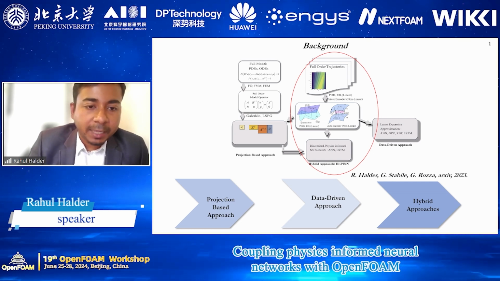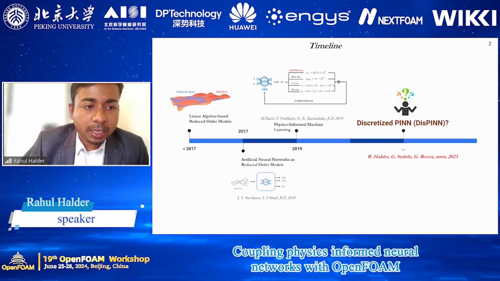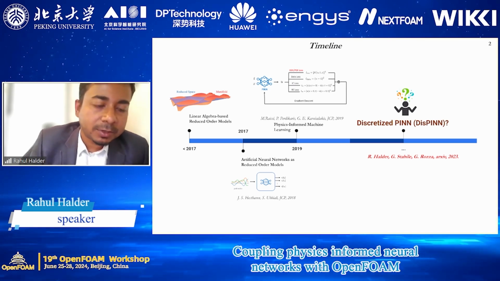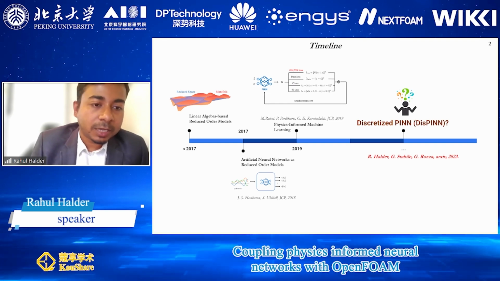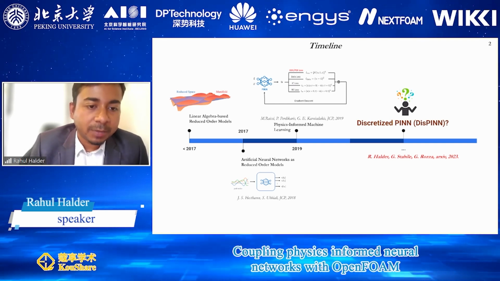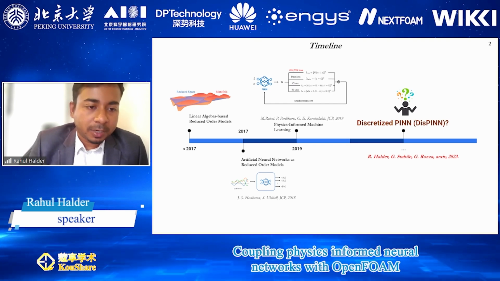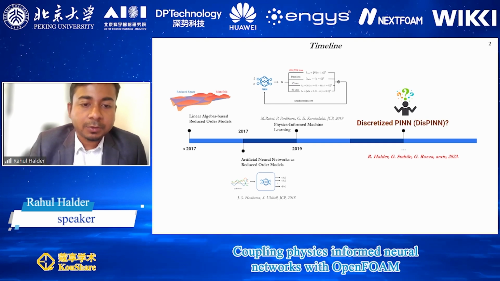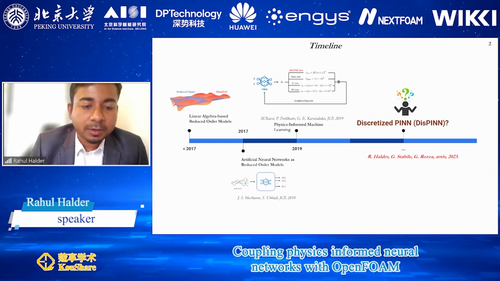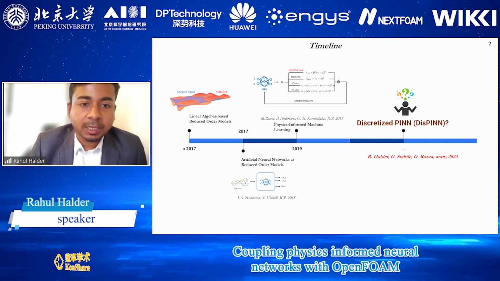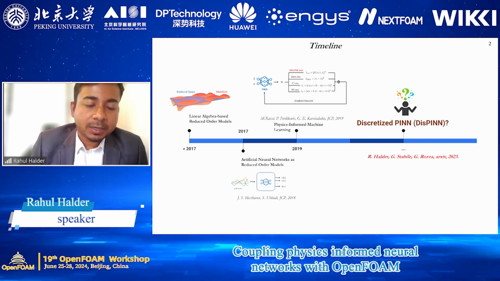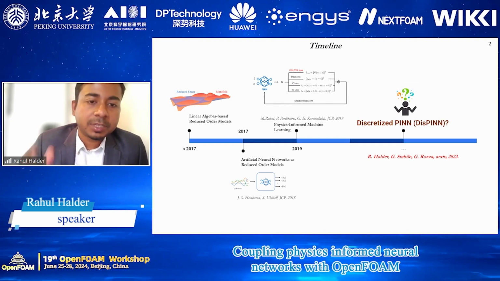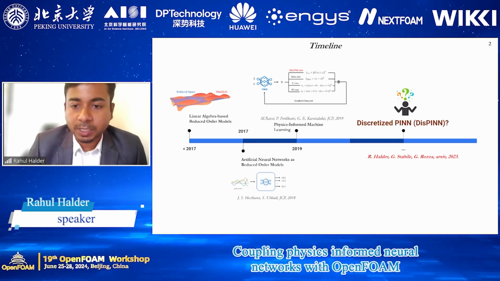If we look at the timeline, back in 2017, the majority of the work was projection-based reduced order model. From 2017, the data-driven approach came into the picture for approximating the parametric space. And from 2019, this seminal paper came out on physics-informed machine learning, where you try to circumvent the sparsity of data by introducing physics coming from governing equations.